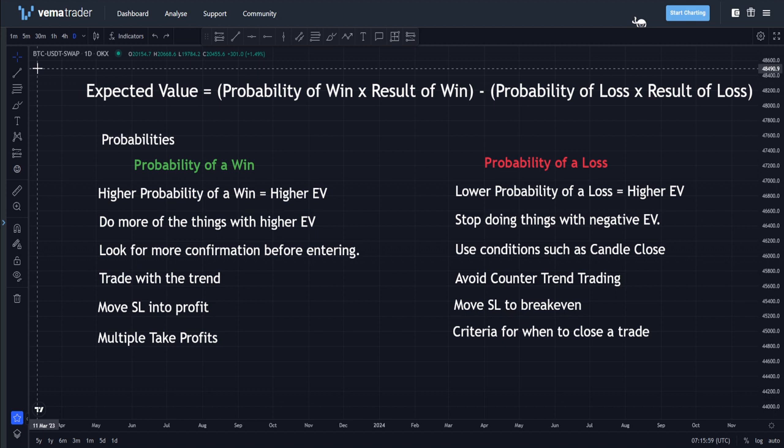To decrease my probability of a loss, having criteria for when to close a trade was something that helped me out a lot. So I found a lot that the trades that worked out well for me were the ones that came to my entry and then bounced straight away. They didn't hang around. They didn't take some time to decide what they were doing. They were short, sharp rejections.